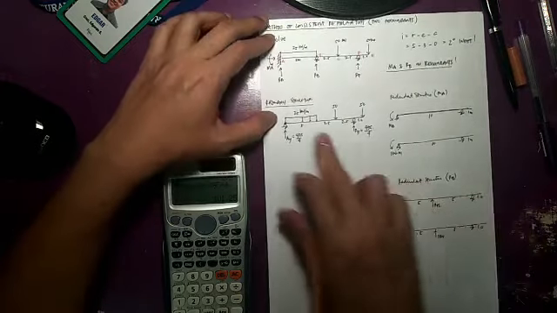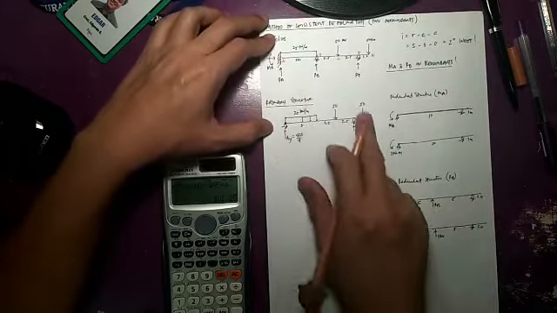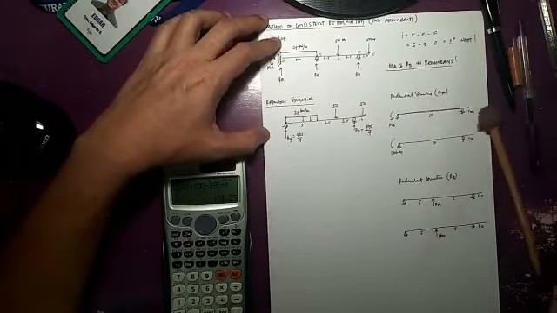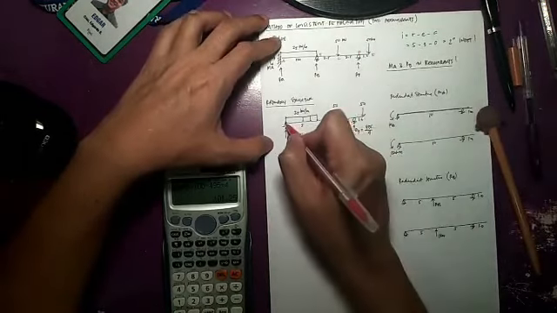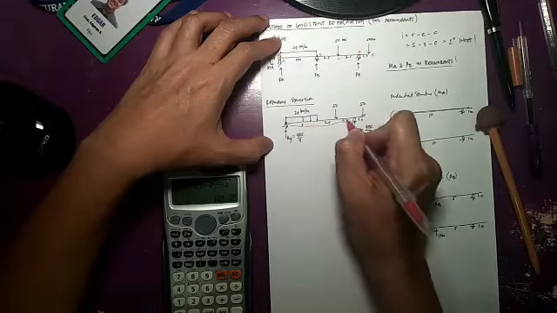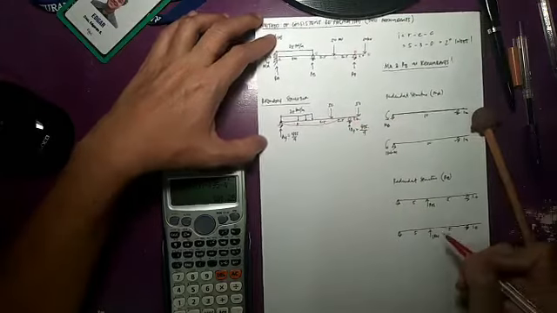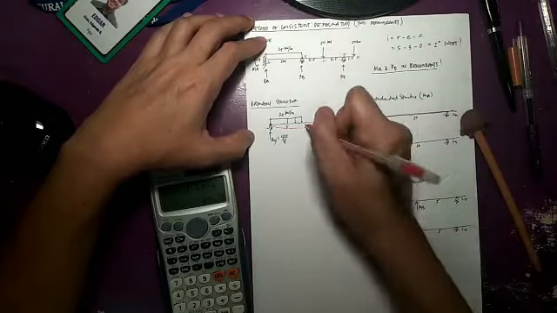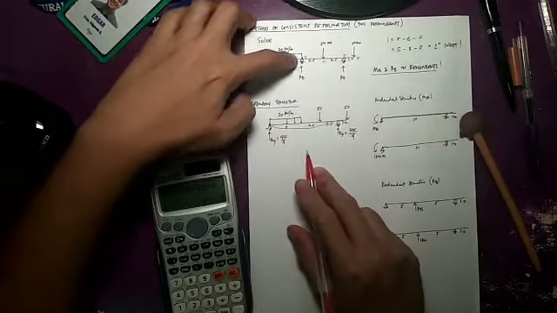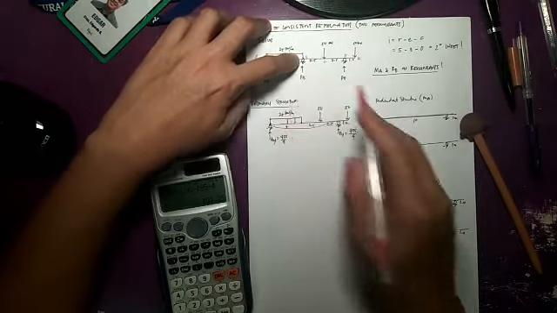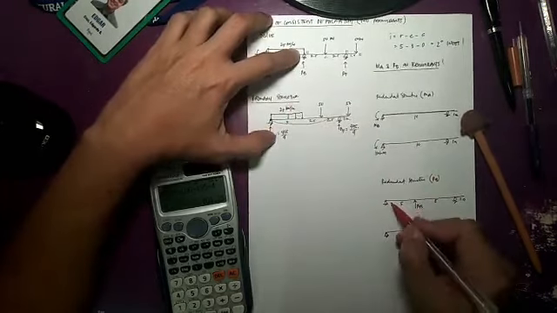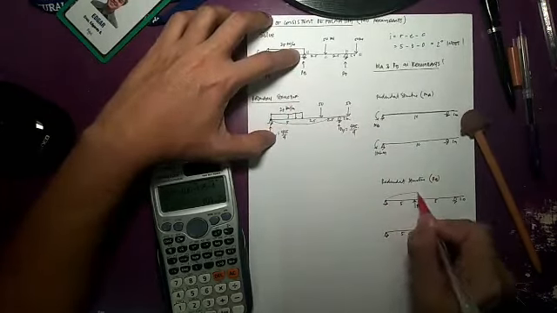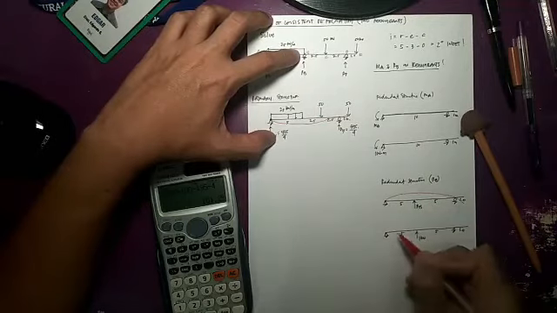Now, from the primary structure, due to the actual load, the elastic curve of the beam would be something like this. Considering RB, for this case, the beam will deflect like this.